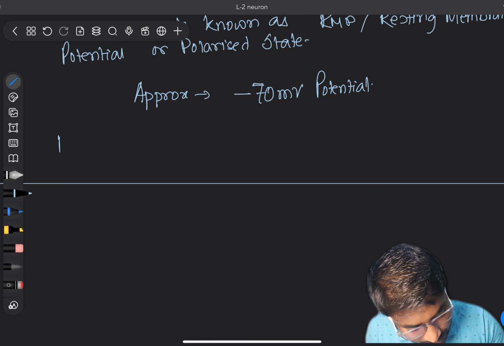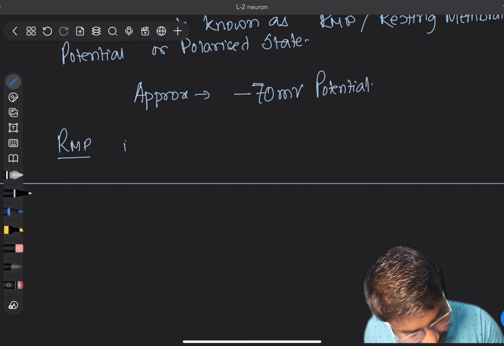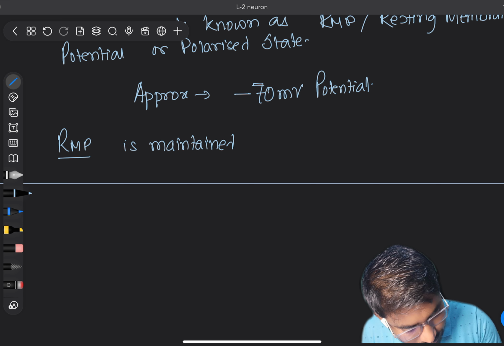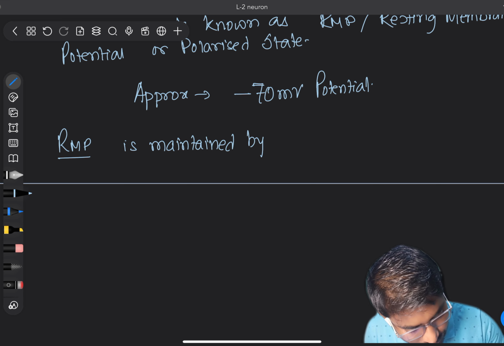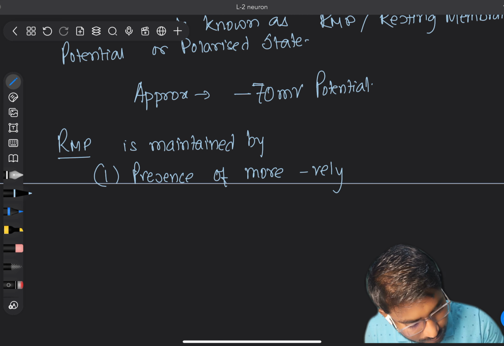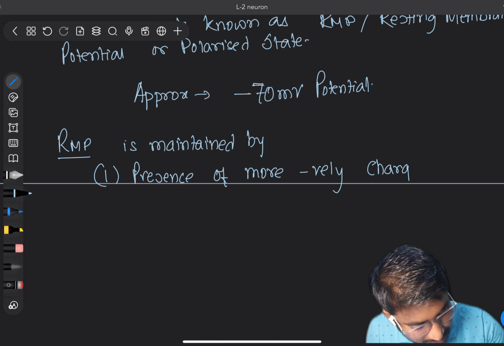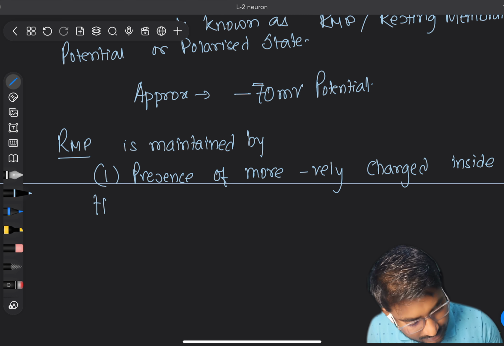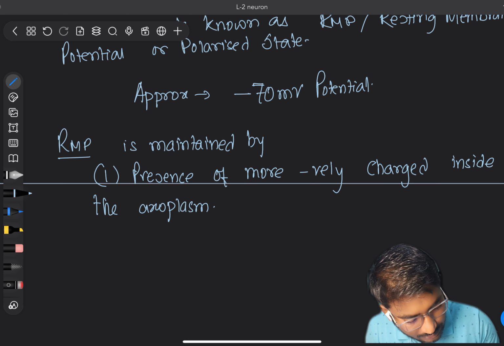Okay. Now RMP is maintained by, one, presence of more negatively charged protein inside the axoplasm. Okay.